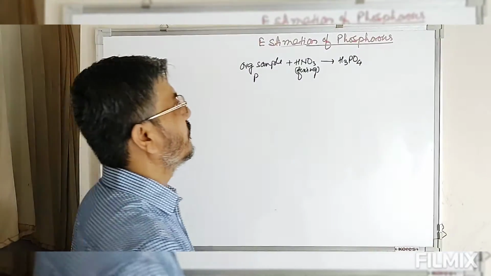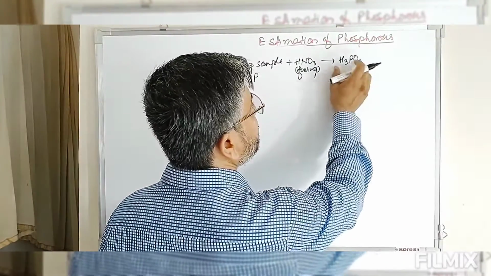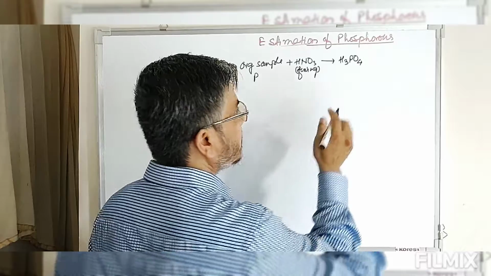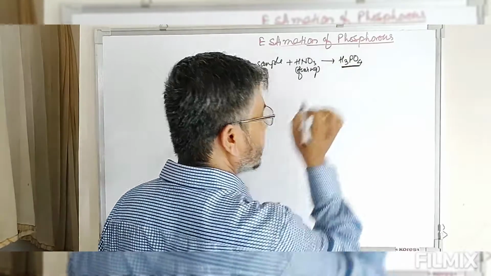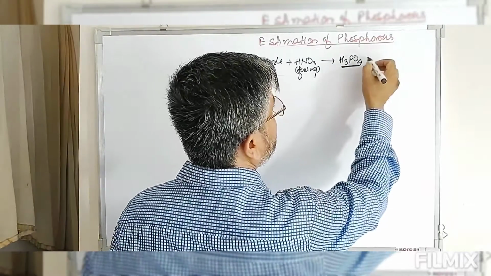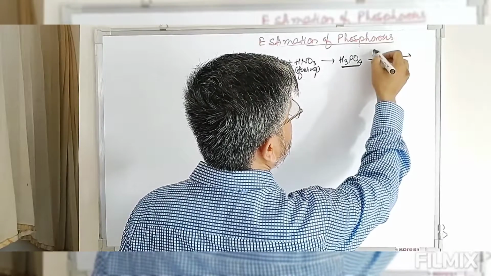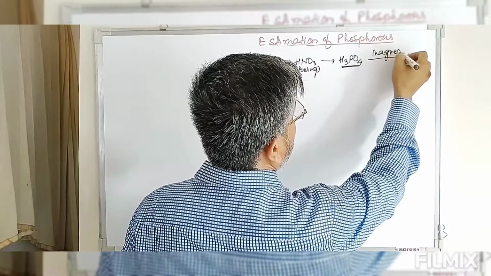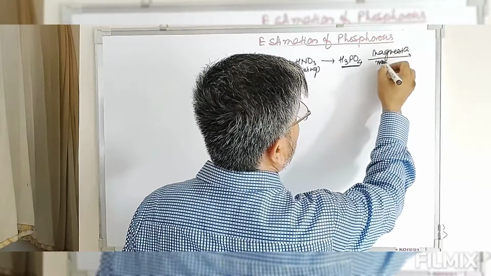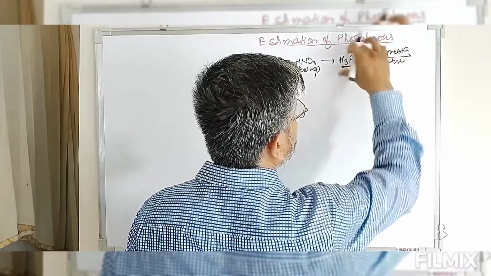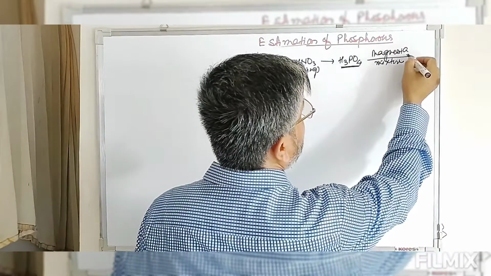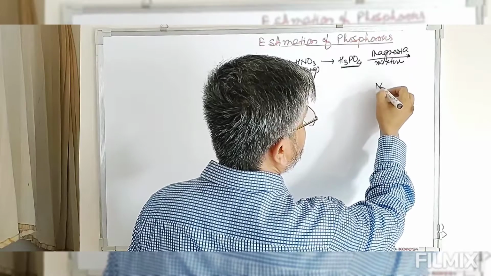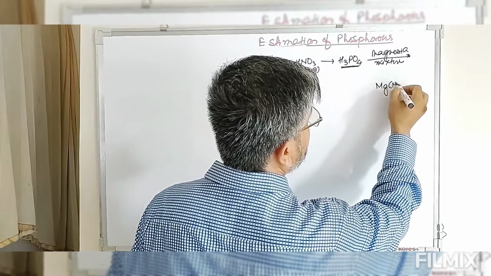Now this solution containing phosphoric acid, H3PO4, is heated with magnesia mixture. So we are treating this phosphoric acid sample with magnesia mixture, which gives you magnesium ammonium phosphate.